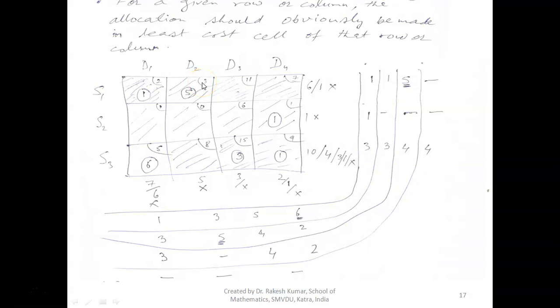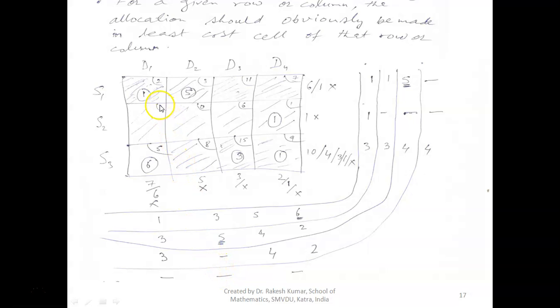So transport as much, so minimum of 5 and 6, that is 5. So 5 is put here and 1 is left over here, and 5 is satisfied. This is finished. So now we will not consider this for further computation of penalties.